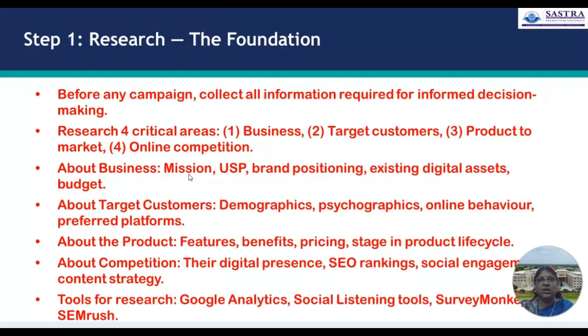Those research tools include even Google Analytics for understanding your existing audience, and social listening tools are available like Brandwatch or Mention for understanding conversations about your category, like SEMrush.